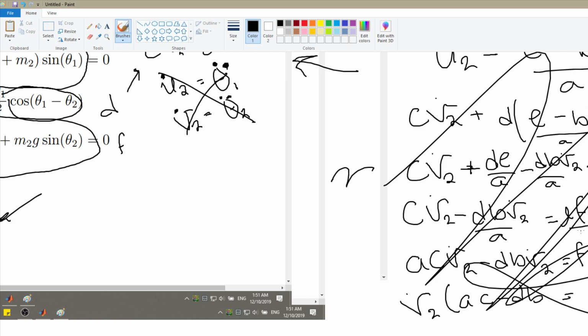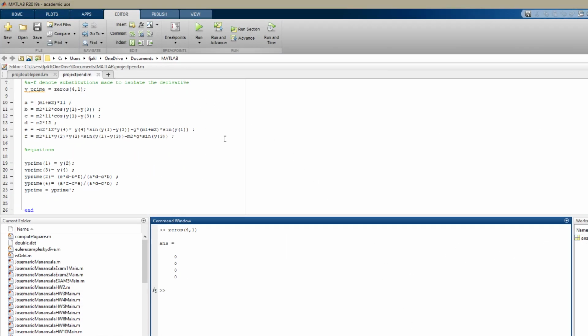Multiply A over A, so A F over D A. Okay, I think that would have done it. That's not my point. My point is you create these systems of equations and you basically just have your pendulum.